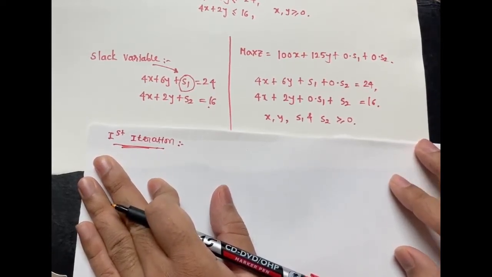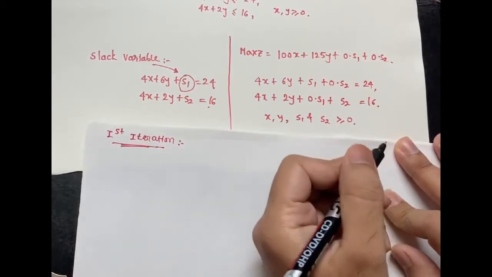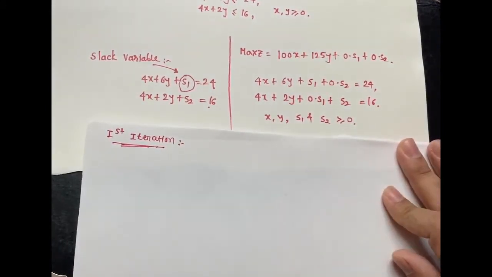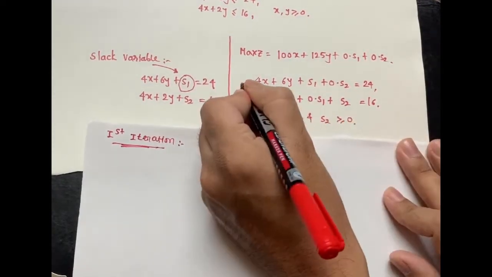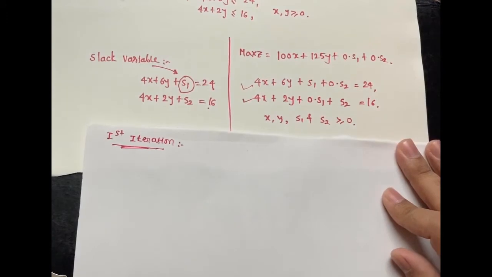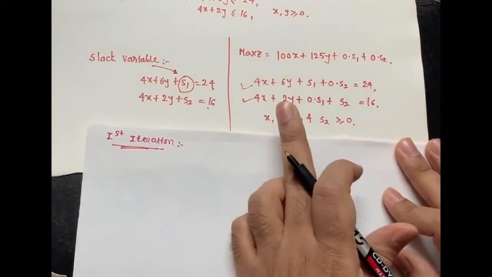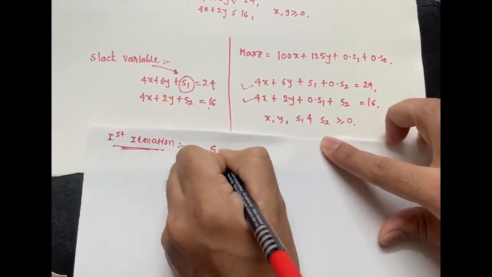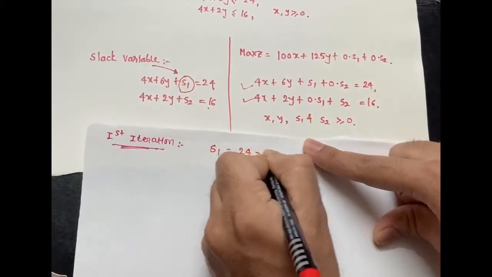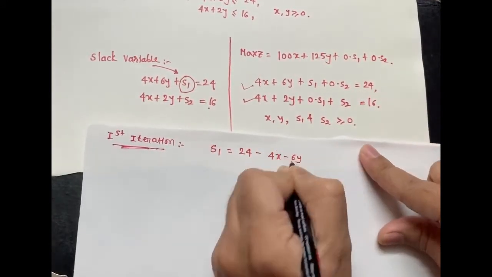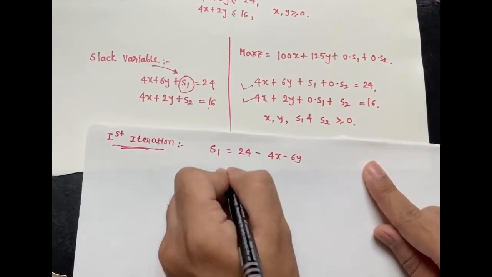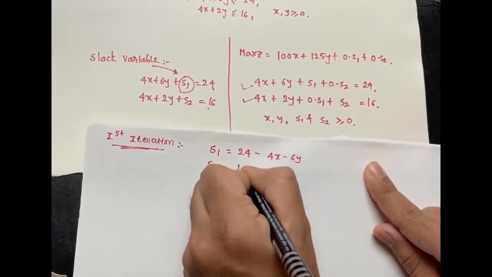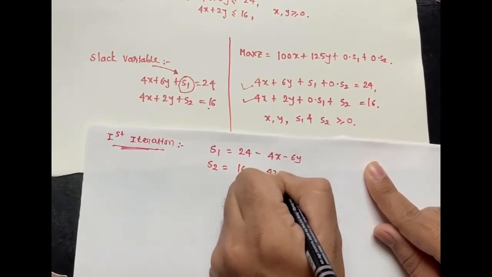For beginning this iterative process, the slack variables that I have in my constraint equations, these equations are required to be rewritten in the form of slack variables. Means the first equation should be written this way: s1 equals 24 minus 4x minus 6y, and likewise s2 should be written this way: 16 minus 4x minus 2y.